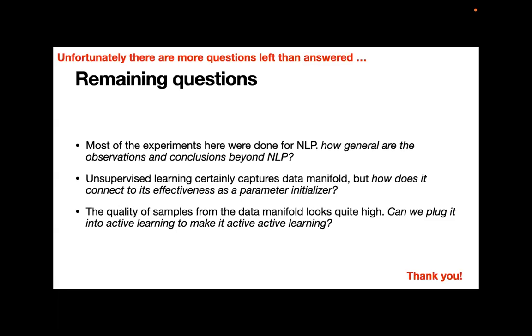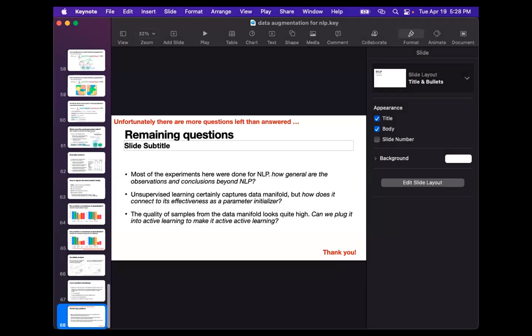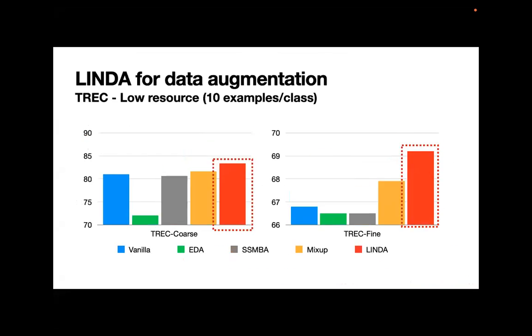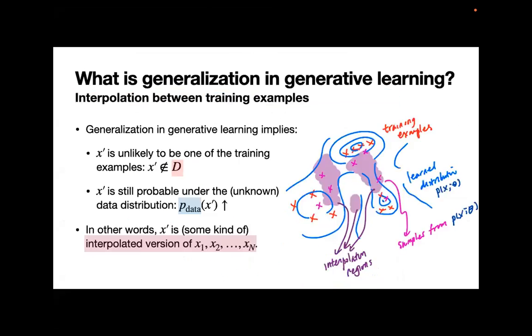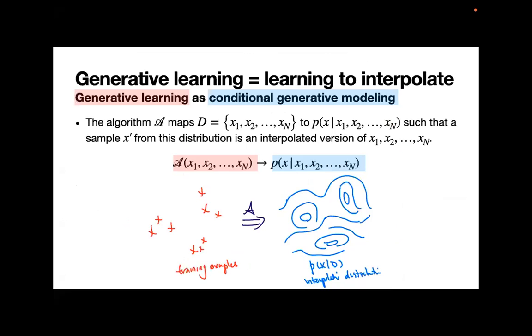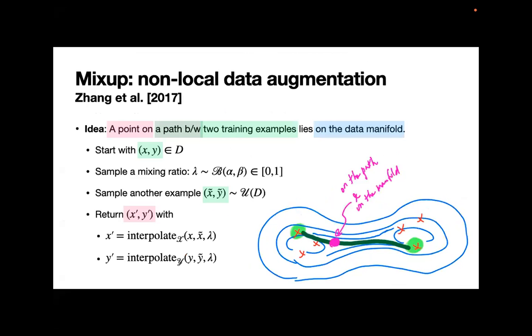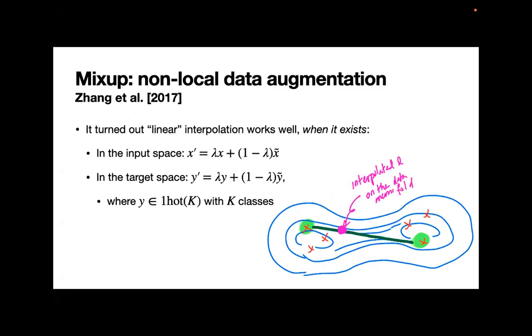Oh, yes. This is a great question. The question is whether, in this kind of mixup scheme, what everyone has been doing is to use the same interpolation scheme for the input and output spaces.